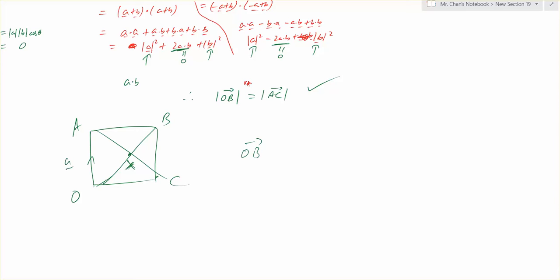OB is given by A plus B, and we know that OX is given by half of A plus B.